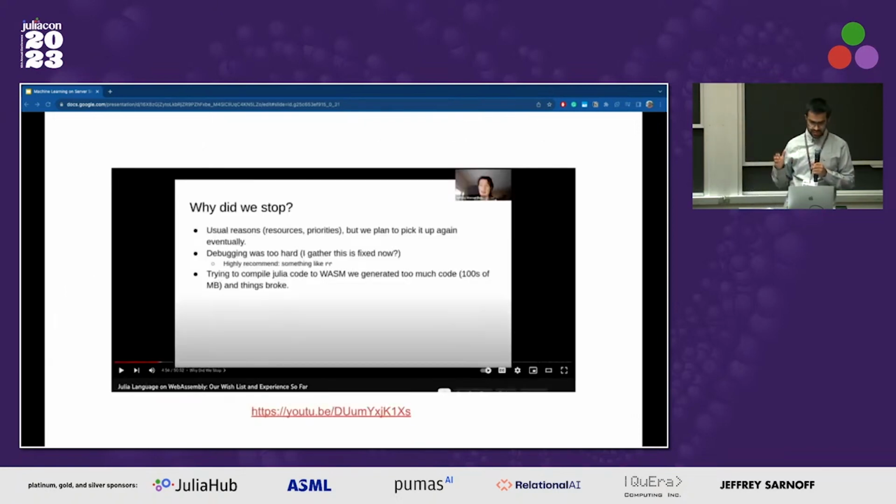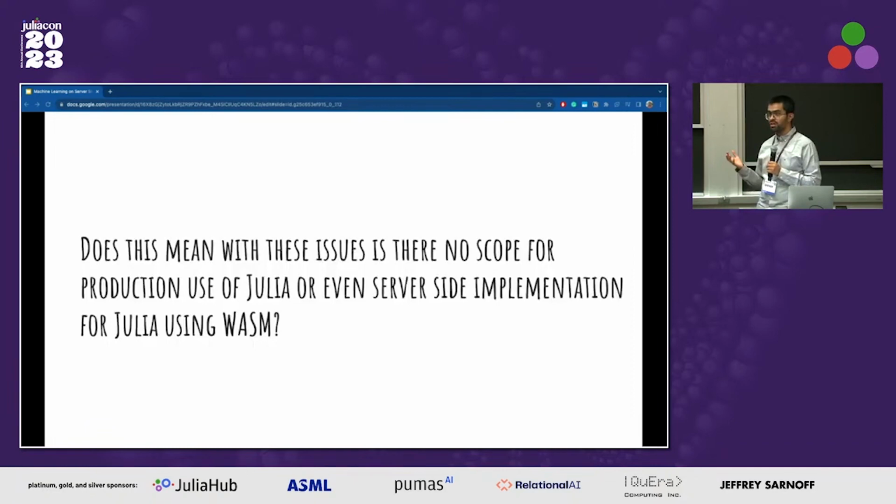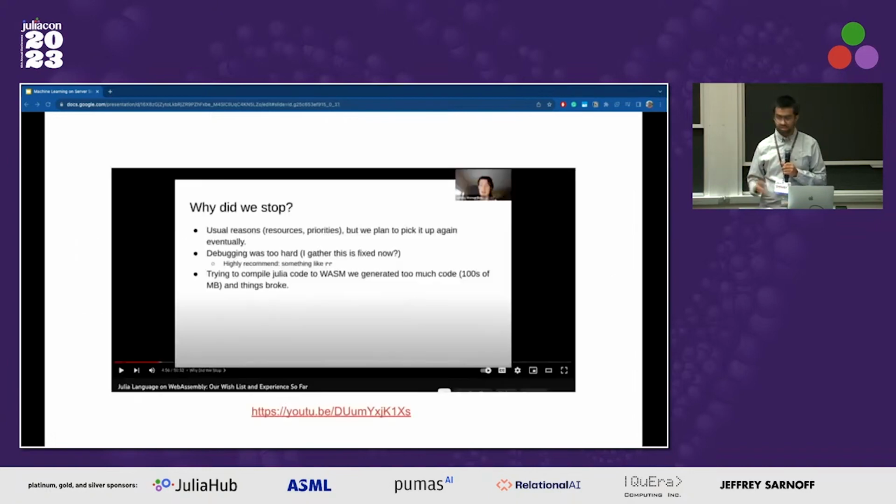So does this fundamental question then give rise to the question: is support for WebAssembly just so bad that we should forget about it? There is this one video from last year that was launched around the Julia language and our experience with Julia and WebAssembly.